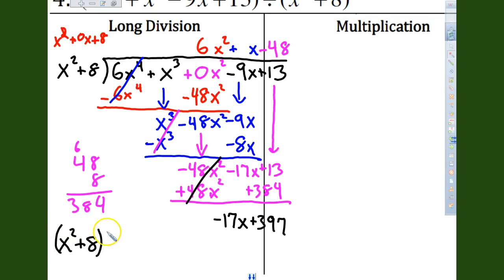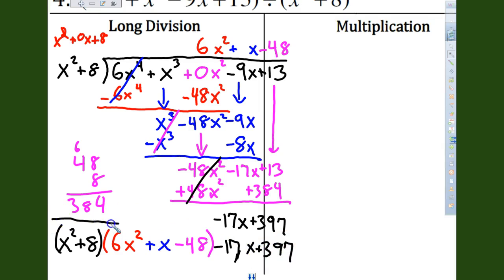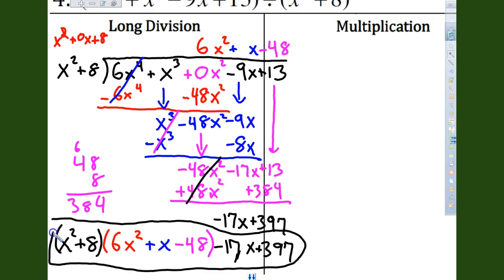But if not, then your final answer will be in this format, and then with the remainder at the very end, negative 17x plus 397. There we go. I'll leave it with that.